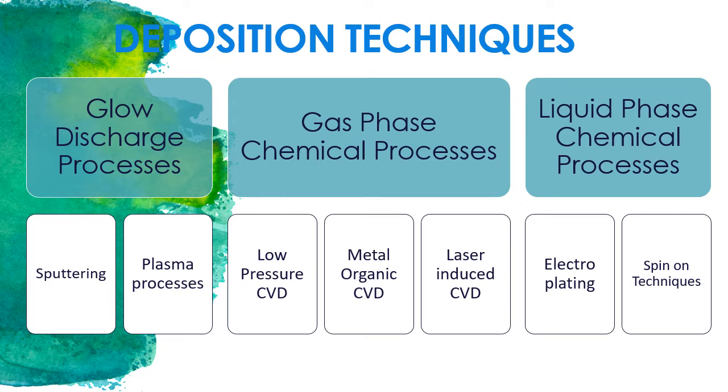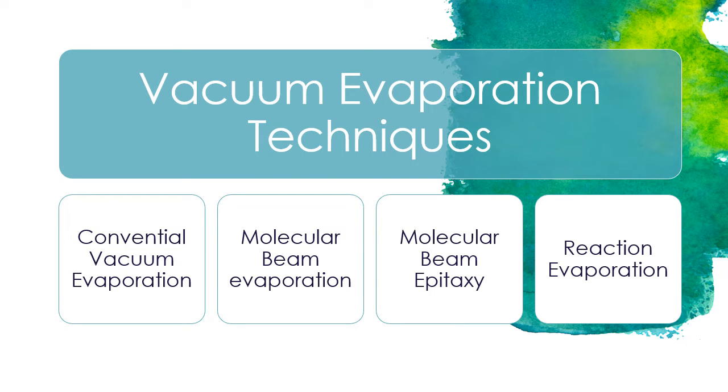And then for liquid phase chemical processes, we have electroplating and spin on techniques. And the last technique is the vacuum evaporation technique. Under this, there are conventional vacuum evaporation, molecular beam evaporation, molecular beam epitaxy, and reaction evaporation. So this one involves evaporation in vacuum conditions.